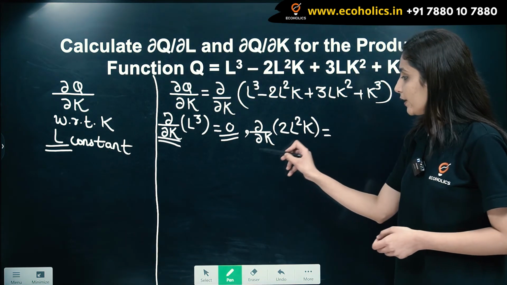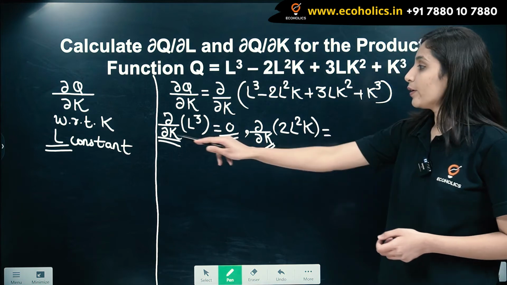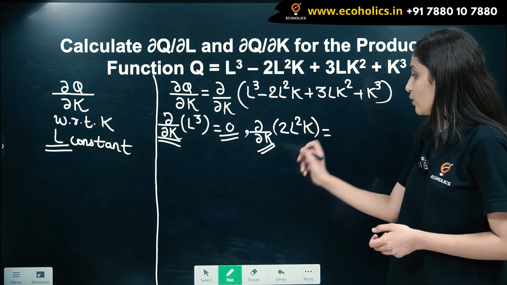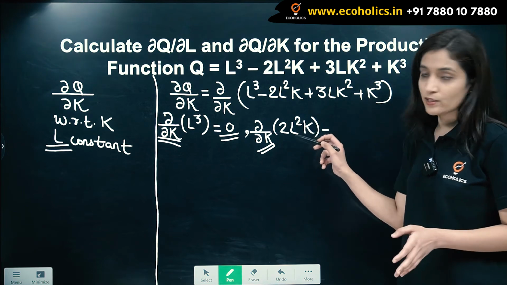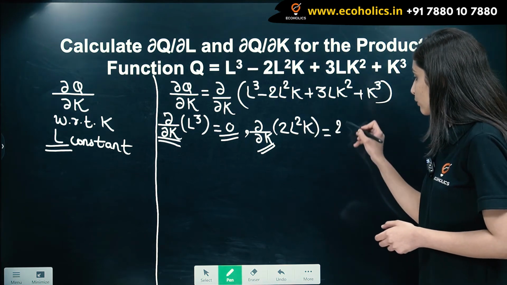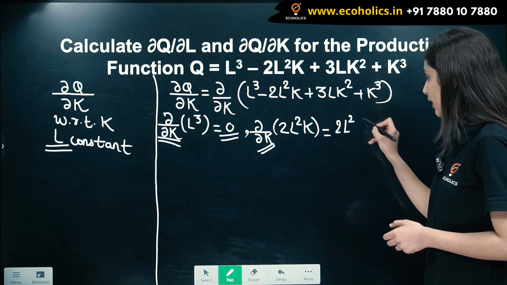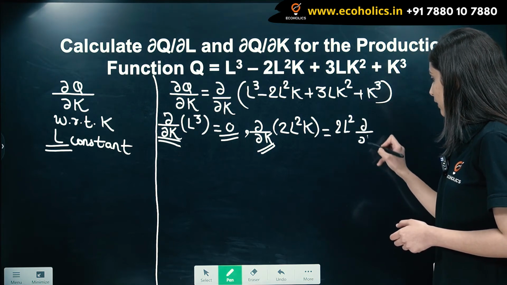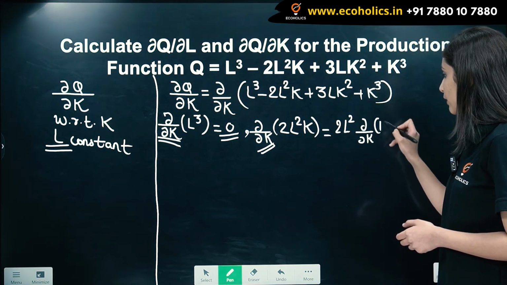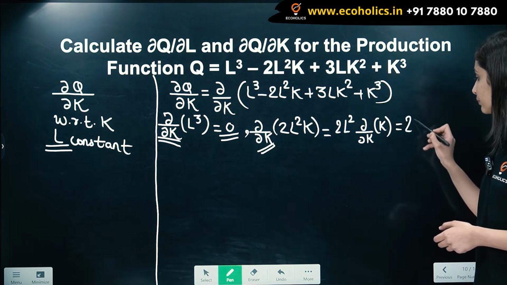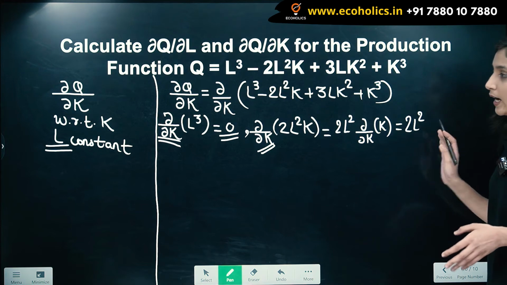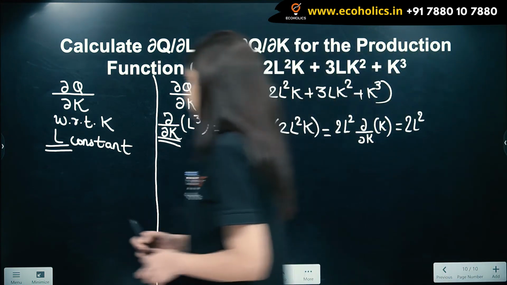Since we are differentiating with respect to k, we are going to take the L term as constant. So here we have two terms constant, that is 2 and L square. So 2L square into differentiation of k. Now, using the power function rule again.